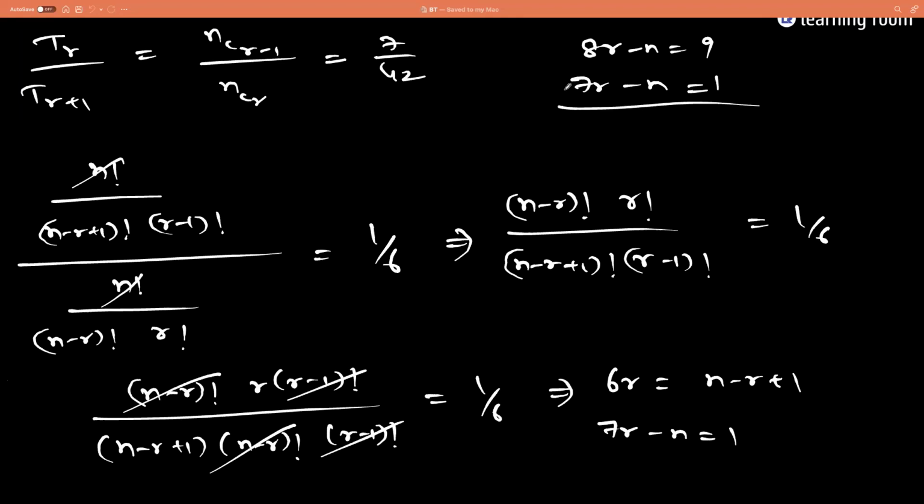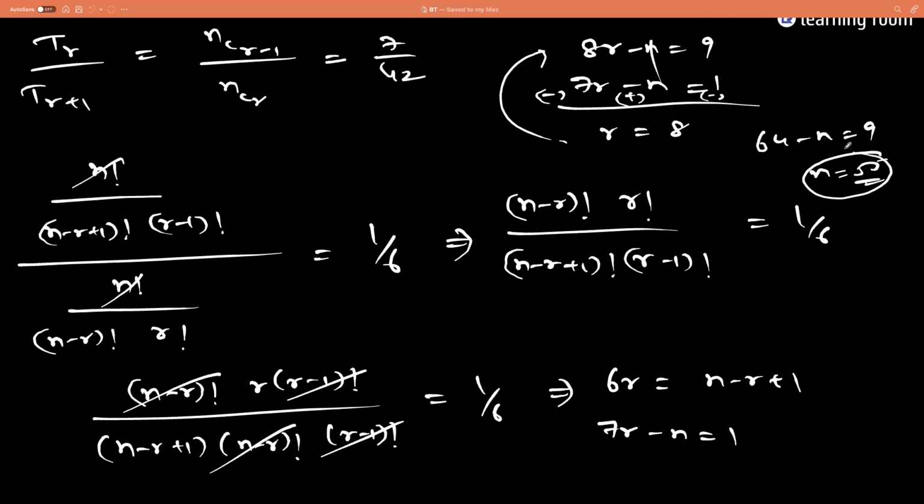So if I subtract both, I'll get minus plus minus. n and n will get cancelled. r will be equal to 8. So when r is 8, you substitute it here. 64 minus n is 9. So n will be 55. So n is 55 and r is 8. So is that the answer? What did they ask? They asked only n, then n is 55.